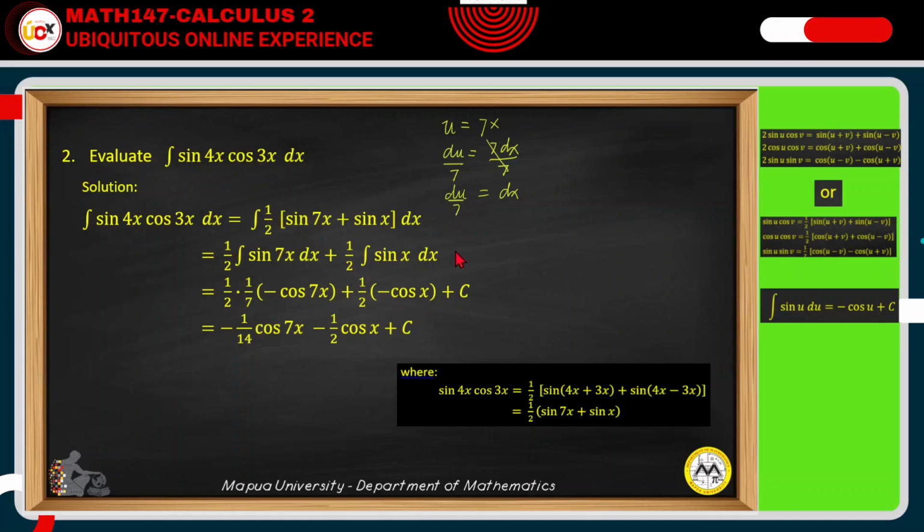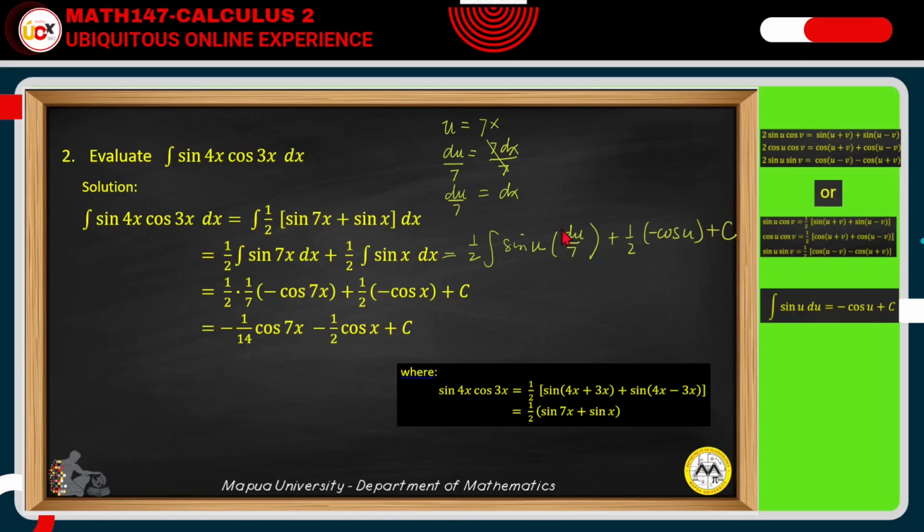And then by substitution, you can write this as 1 over 2 times the integral of sine u, because u is 7x, times dx, where dx is du over 7, plus 1 over 2 times the integral of sine x dx. Because this is of the form sine u du, the integral is negative cosine u plus the constant c.